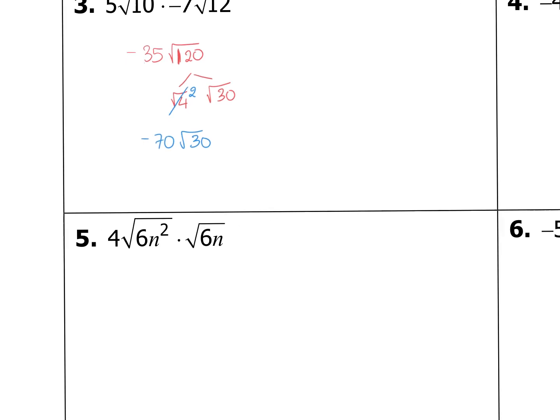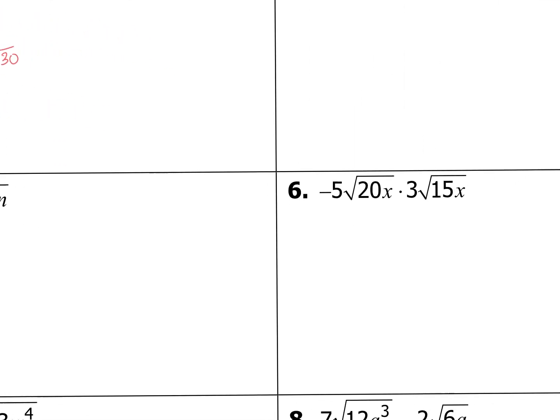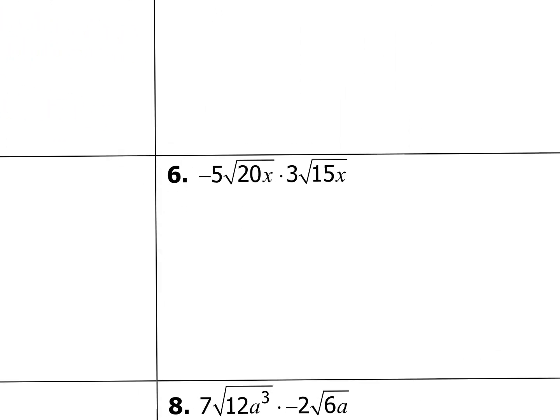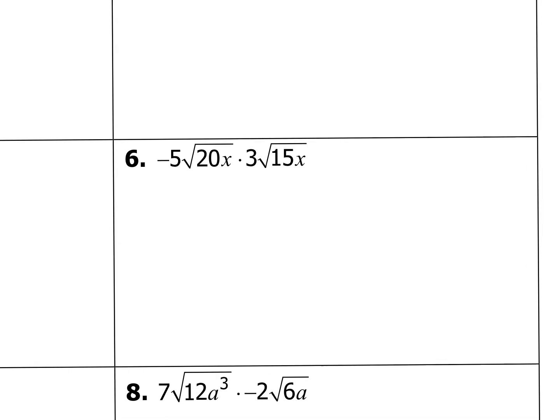All right, we are going to move on and do number 6. Okay. The coefficients multiplied will be negative 15. The radicand will be 20 times 15, which is 300. x times x will be x squared, you add the exponents.